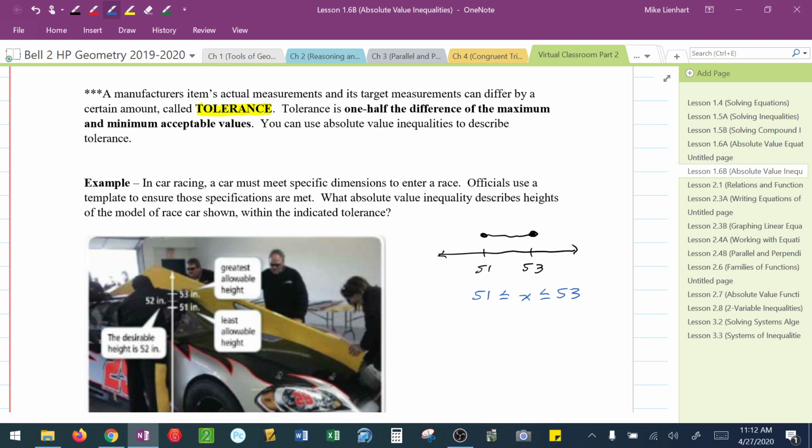This is where the idea of tolerance comes into play. They say that tolerance is 1/2 the difference of the max and the min accepted values. So I know right here that my tolerance would be 1/2 of 53 minus 51, which would be 1.